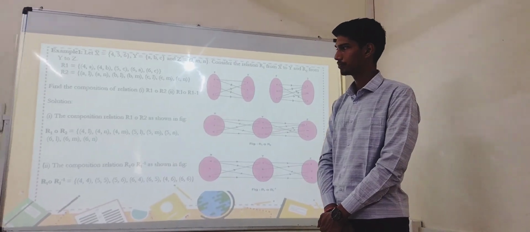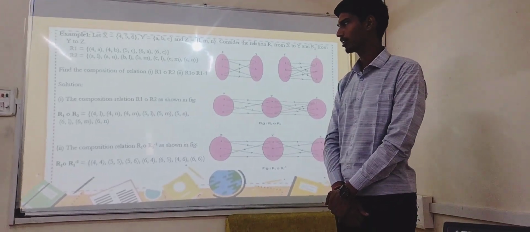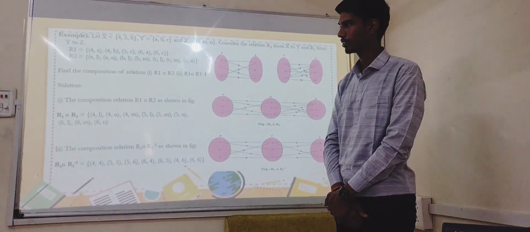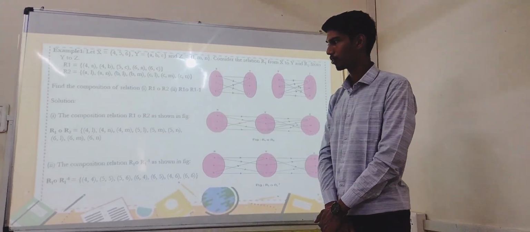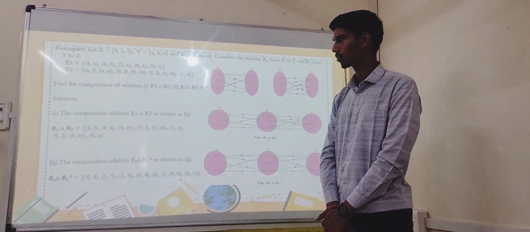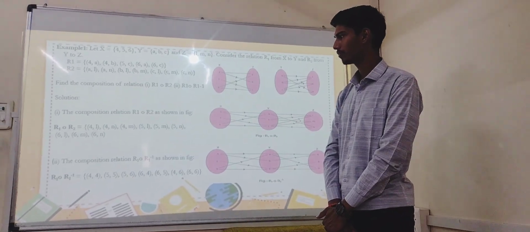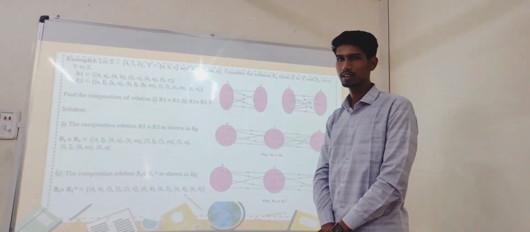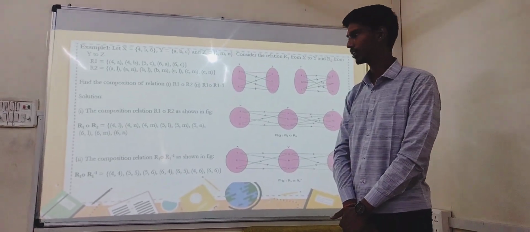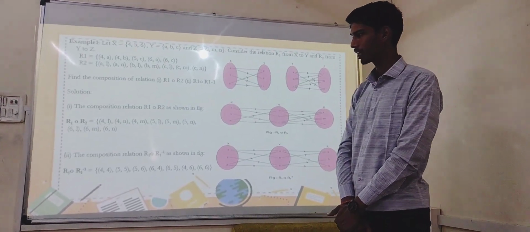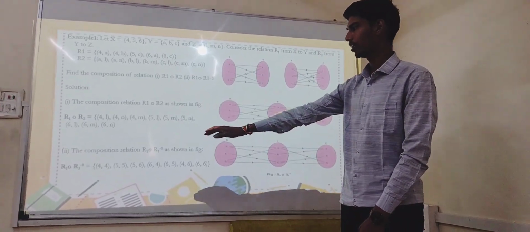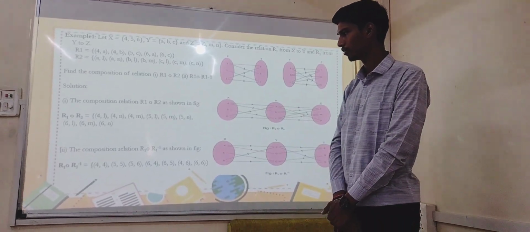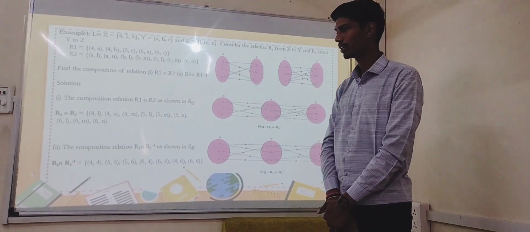Solution. The composition relation R1 dot R2 is shown in the figure. R1 dot R2 = {(4,l), (4,n), (4,m), (5,l), (5,m), (5,n), (6,l), (6,m), (6,n)}. The composition relation R1 dot R1 to the power minus 1 is shown in the figure.